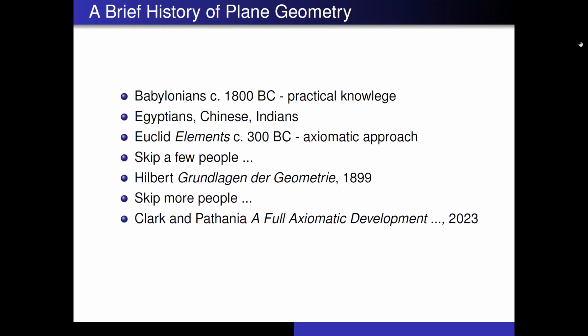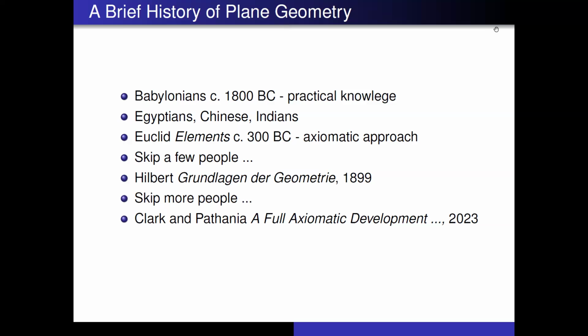But there's a big change with Euclid's Elements about 300 BC, in that there's an axiomatic approach, not just about areas of land or areas of various things, but actually understanding how geometry works, not just the Pythagorean theorem, but all of geometry. And this is a sea change. Well, the Elements were not perfect.